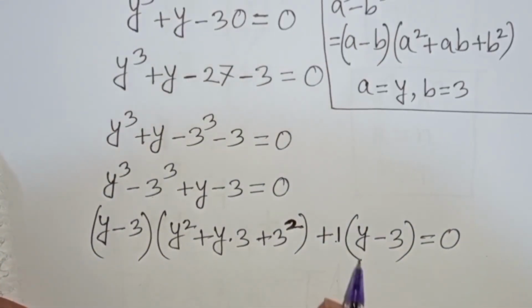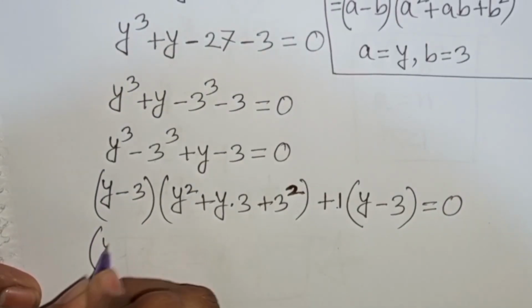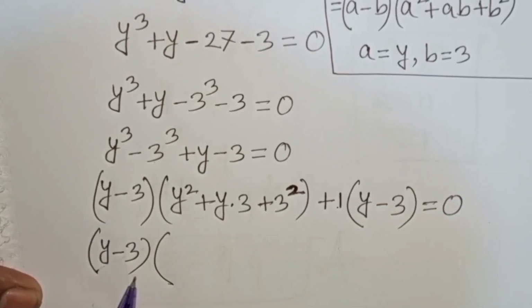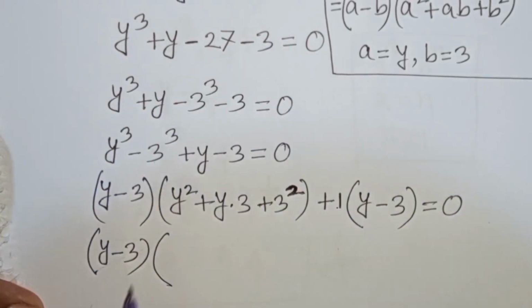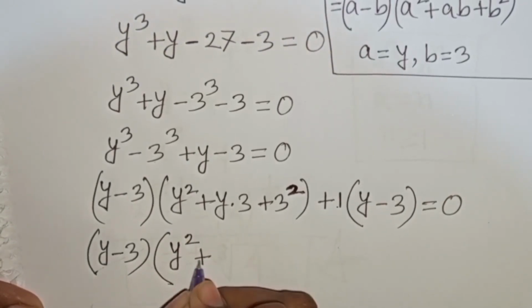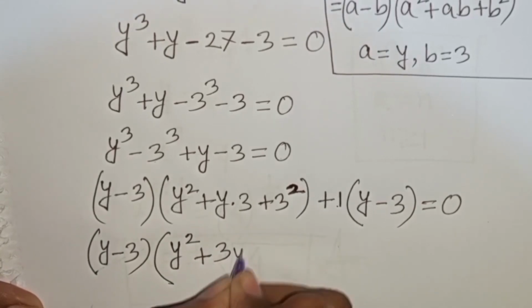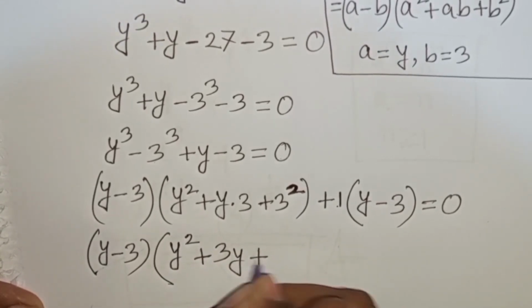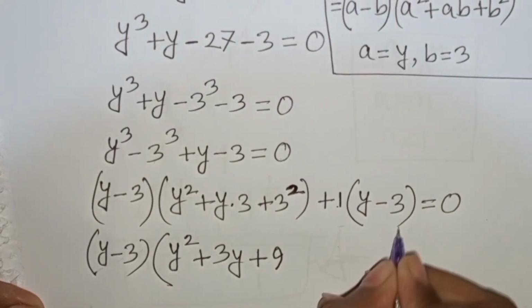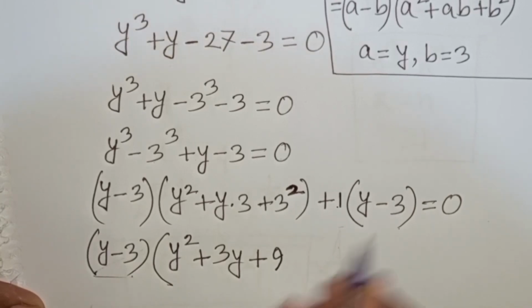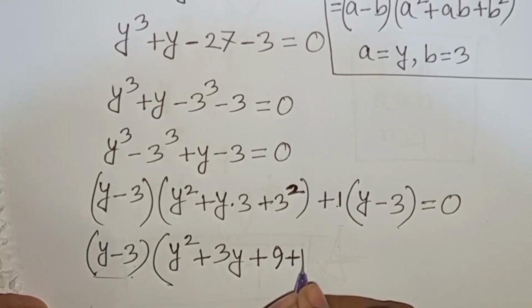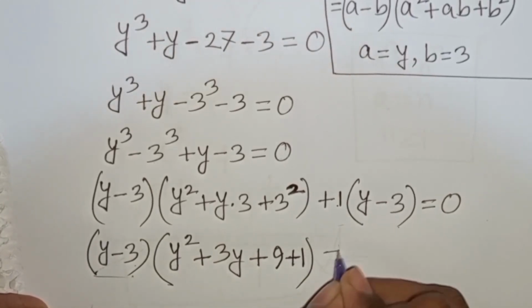Now we see y minus 3 is common, so take common y minus 3 out of this bracket, so this divided by this, that means y minus 3 will be cancelled, so we have y square plus y times 3, that means it will be 3y, plus 3 square is the same as 9, then this divided by this, that means this y minus 3 will be cancelled, so here plus 1, then bracket close is equal to 0.